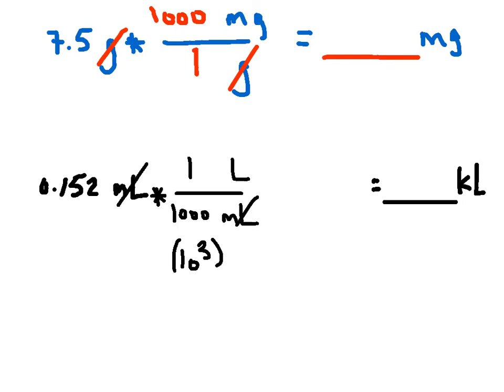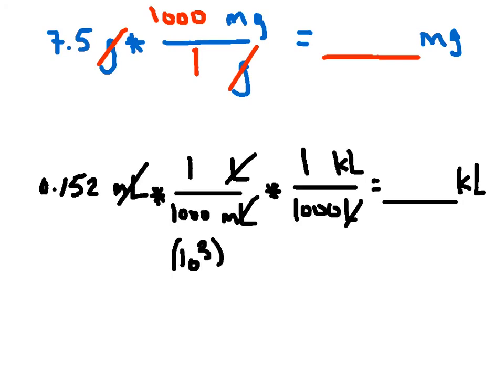Milliliters would cancel, and step 2 would be converting our liters, our base unit, to kiloliters, because that's what we're trying to find. So liters need to be canceled, they go on the bottom. We're solving for kiloliters, they go on top. And again, we ask ourselves, which is bigger, a kiloliter or a liter? The answer is a kiloliter. In 1 kiloliter, there are 1,000 liters. Our liters cancel.